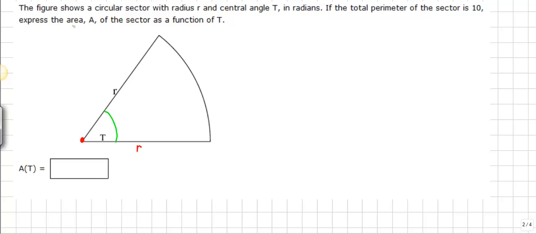Now this goes all the way back to chapter 2 of our text, where we spent time setting up functions of a single variable. So I would like for you to remember that the first thing is, if we're going to express the area, let's just describe the area with the formula that is natural to the problem, and that's the area of a circular sector, which is 1/2 the square of the radius times the angle in radians, and we were already told t is in radians.